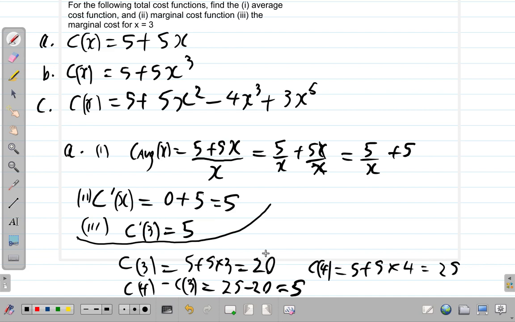But generally, to find the marginal cost, you find the derivative of the function. If you find the cost using the total cost function, find the cost for this one that you're dealing with and the next one and subtract them, this is also the marginal cost, but it is an approximation.